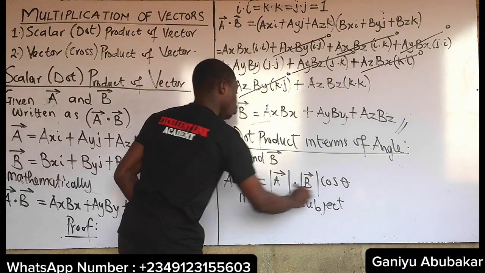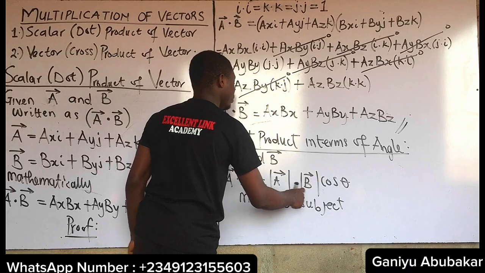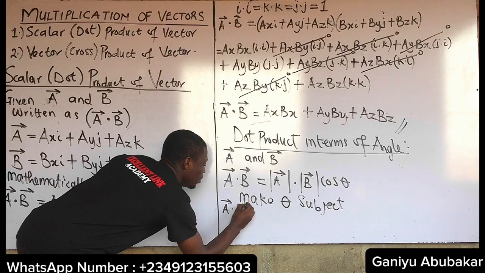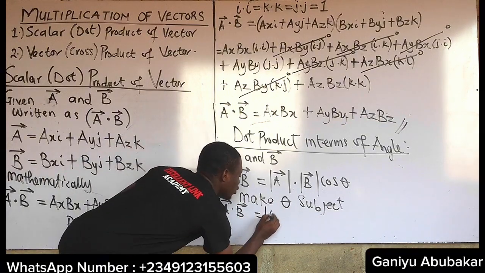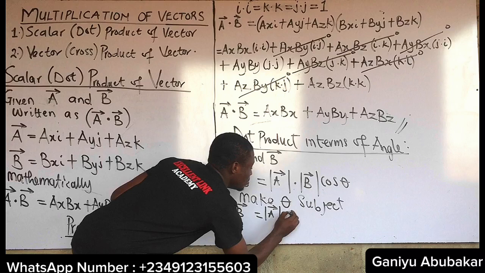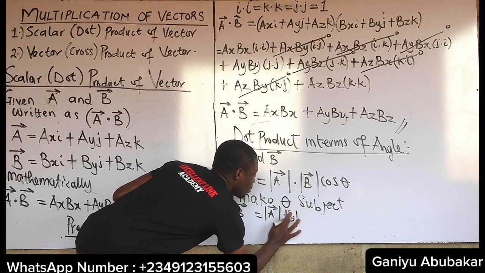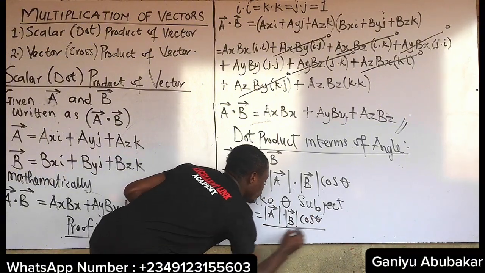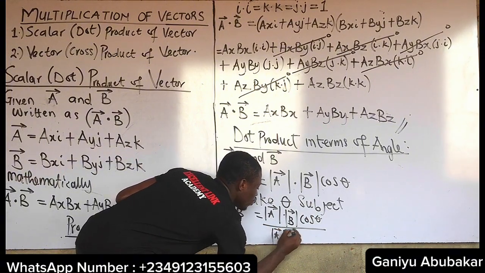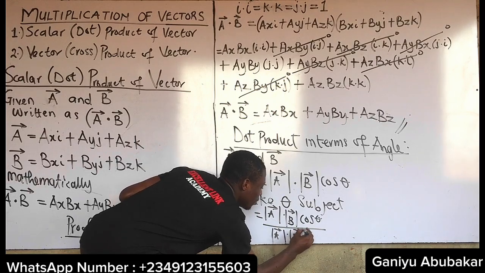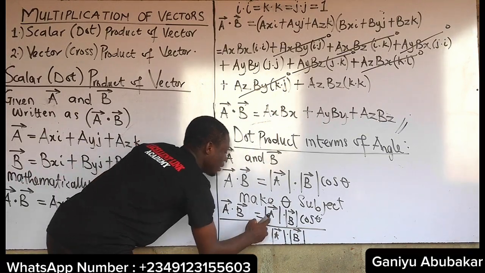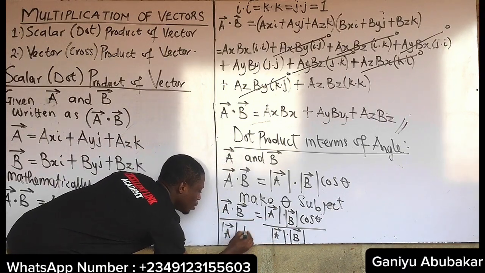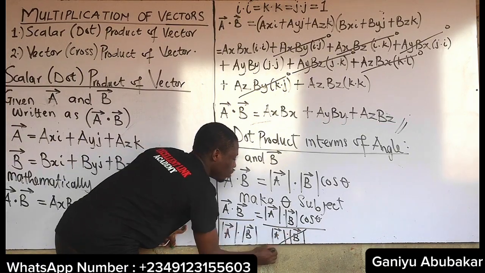So I'll divide through by the magnitude of A and the magnitude of B. So I'll have the dot product of A and B, observe, is equal to the magnitude of A times the magnitude of B cos theta, all over the magnitude of A times the magnitude of B. So this one cancels this.